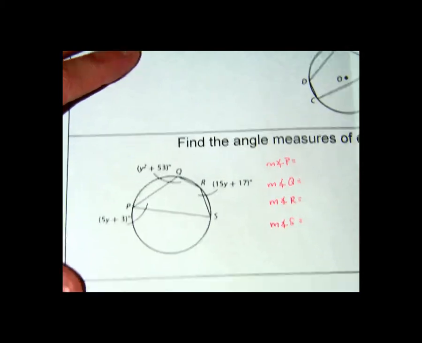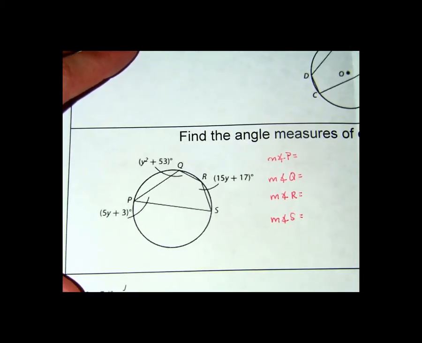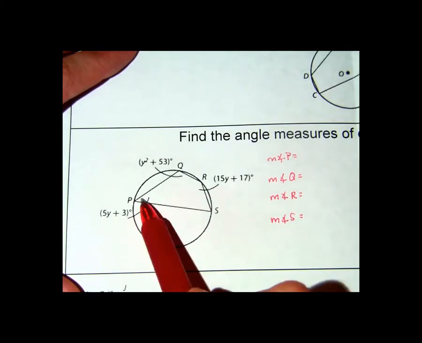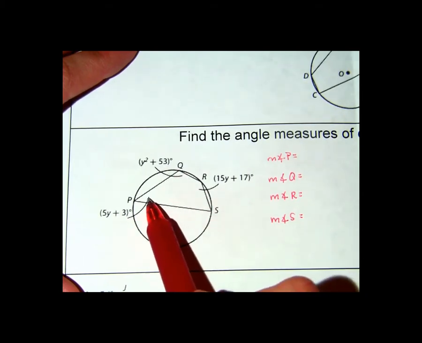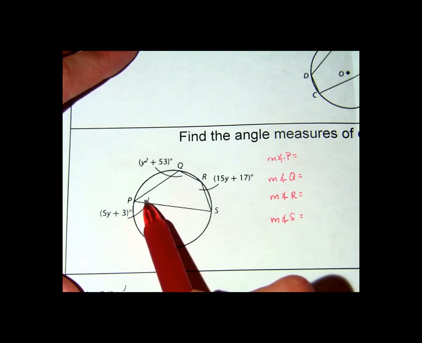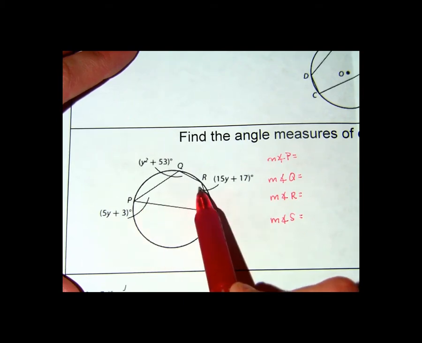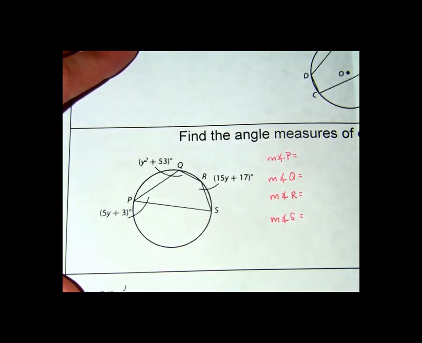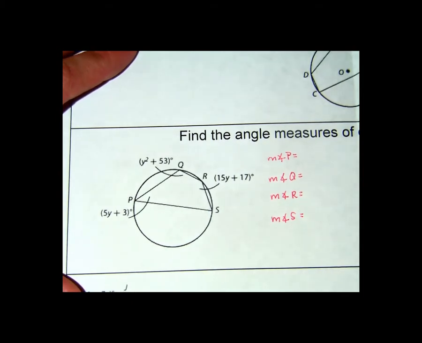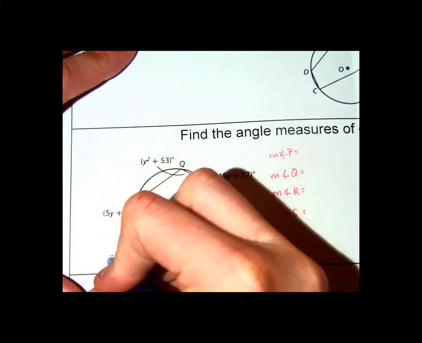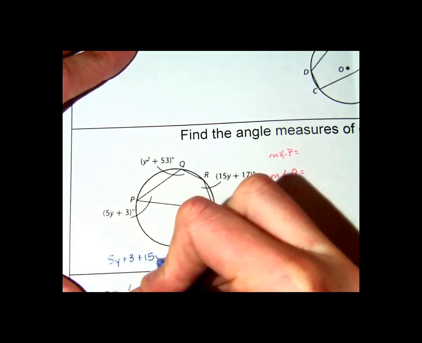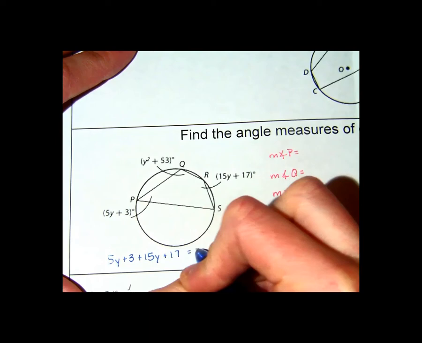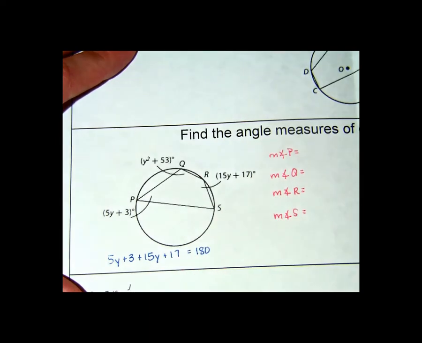To find those, we're going to have to set up some formula. And here's what we know. We have two opposite angles here. We do not have the opposite to Q, so we can't set that up. But we can solve for y by saying that the measure of angle P plus the measure of angle R is equal to 180, or that 5y plus 3 plus 15y plus 17 equals 180, because the opposites are equal to 180.